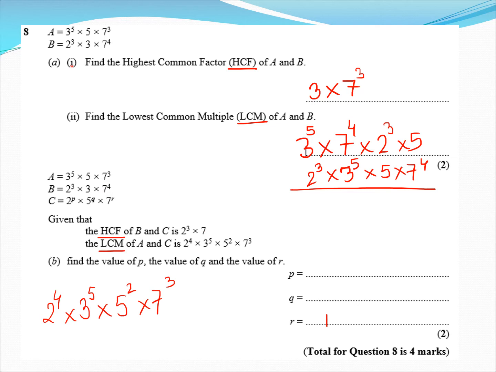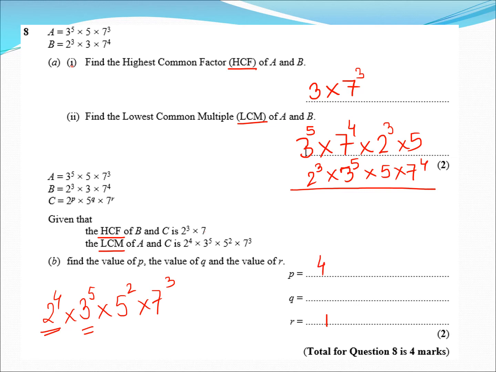A and C. A has got 3 to the power of 5 and C does not have a 3. So that's fine. That's the uncommon factor of both these numbers. Then we have A and C. A does not have a 2 but C has a 2. So obviously 2 to the power of P is equal to 2 to the power of 4. So P must be 4.